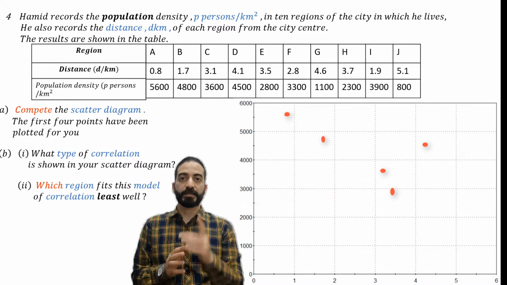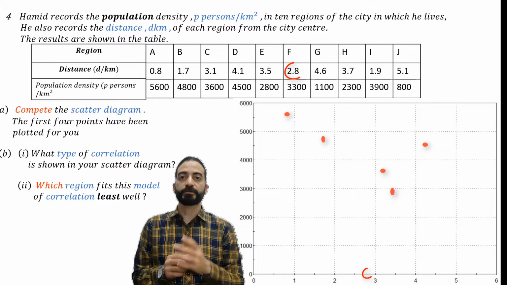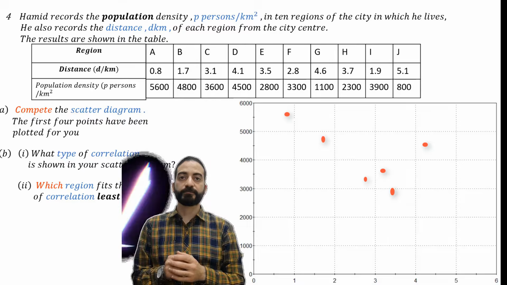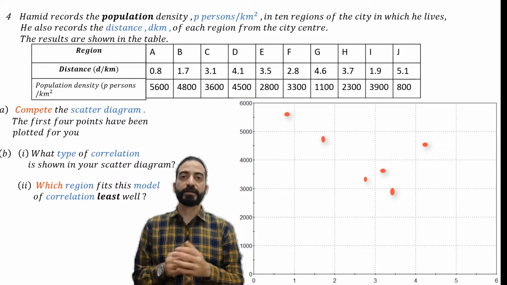The same thing here, we have 2.8 in d kilometers and 3300 in p. If we draw a perpendicular, we will get this point, which is (2.8, 3300). The same thing here, we have 4.6 and here we have 1100. We will get this point.